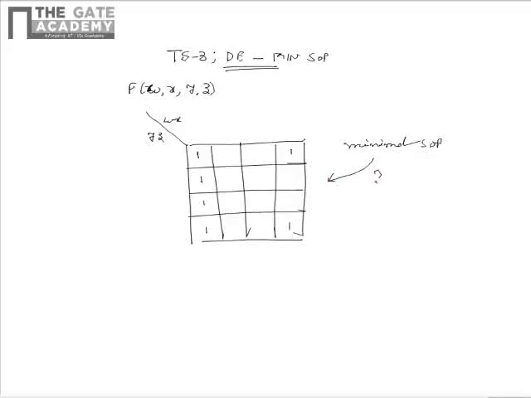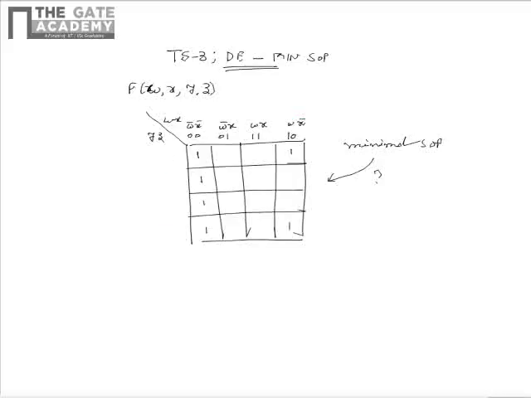So from the given table, for obtaining the minimal SOP expression, we need to group the ones. But before doing that, we can represent the values corresponding to each row and column as 0 0, 0 1, 1 1 and 1 0. That is, this corresponds to w bar x bar, this corresponds to w bar x, 1 1 corresponds to wx and 1 0 corresponds to w x bar.